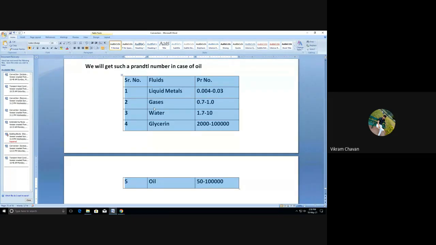Then water. Water we are considering at standard conditions, at 20 degrees Celsius temperature and 1 atmospheric pressure. For water, 1.7 to 10.